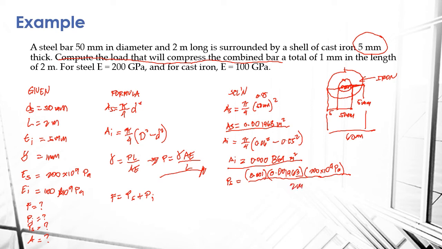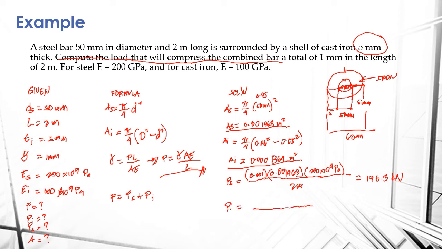So, the force of the steel is equal to 196.3 kilonewton.